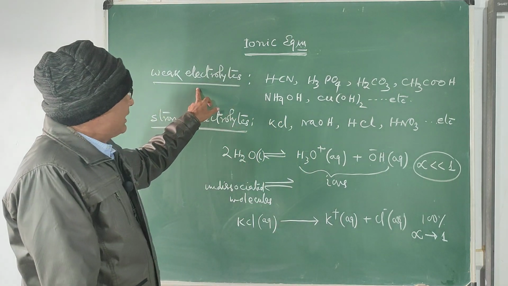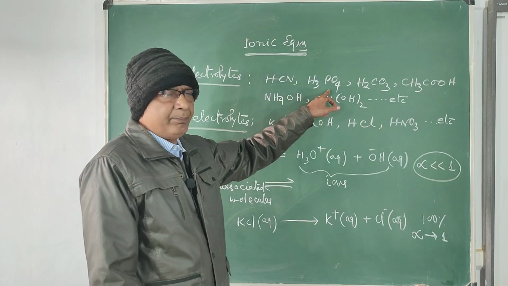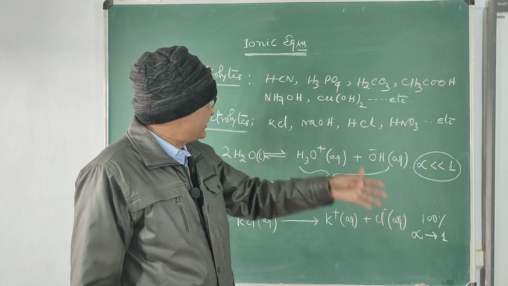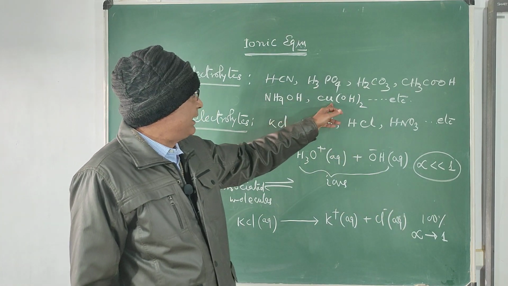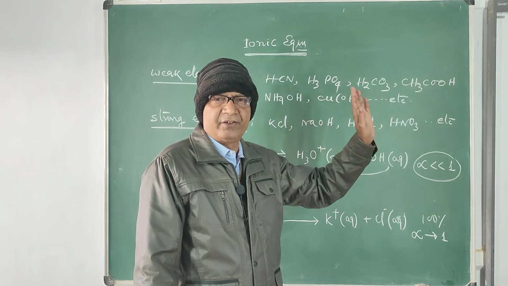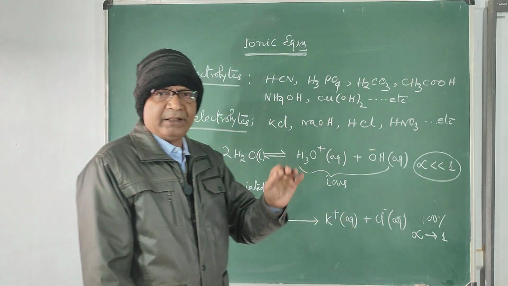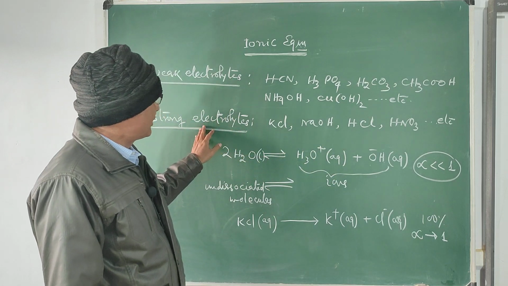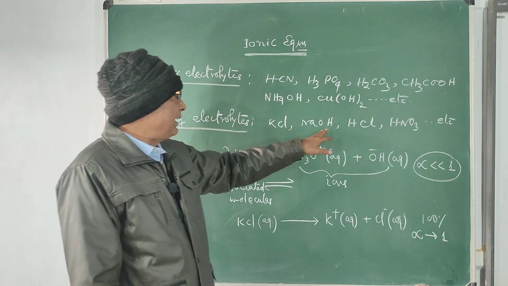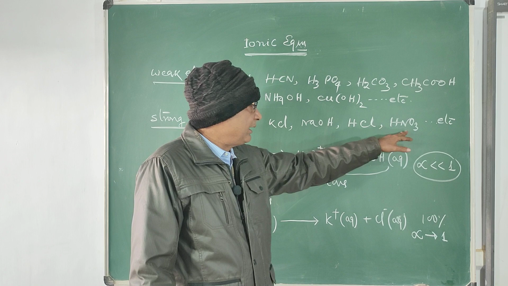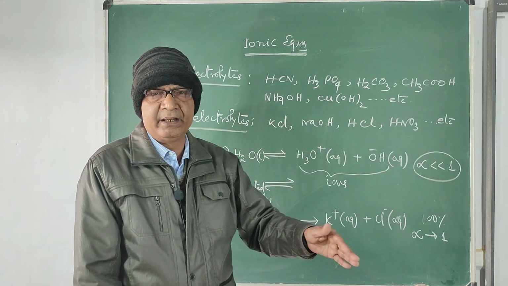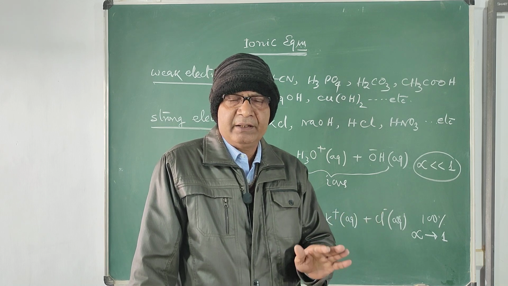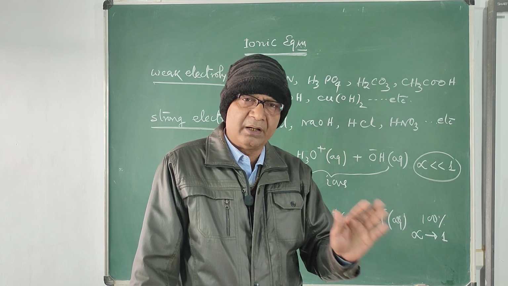Weak electrolytes like H3PO4, H2CO3, acetic acid, other organic acids, ammonium hydroxide, copper hydroxide, etc. These are weak electrolytes, so their alpha is very, very less than 1. And strong electrolytes, for example KCl, NaOH, HCl, HNO3, sulfuric acid, potassium nitrate. These are strong electrolytes, meaning their dissociation is almost 100%.